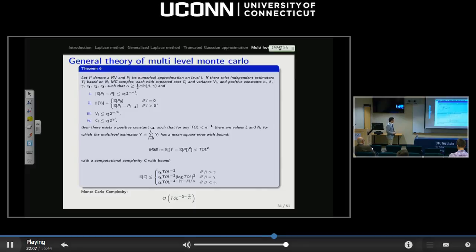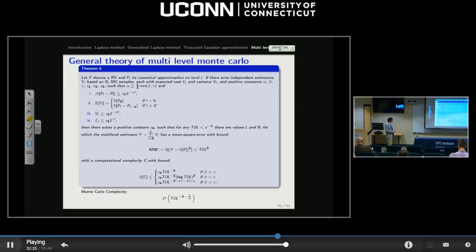Let me explain a little bit more about the complexity. In the first case, when beta is bigger than gamma, that means the decrease of your variance is faster than the increase of your cost. In this case, you have complexity of tau to the power of minus 2.